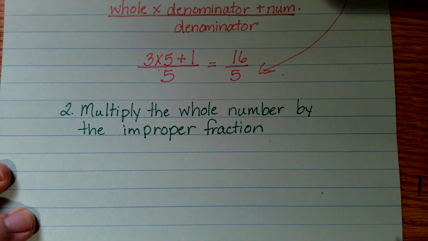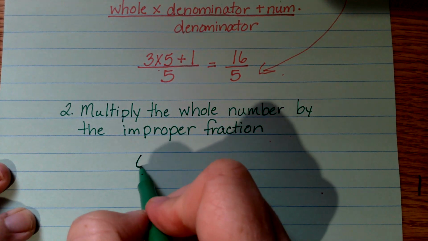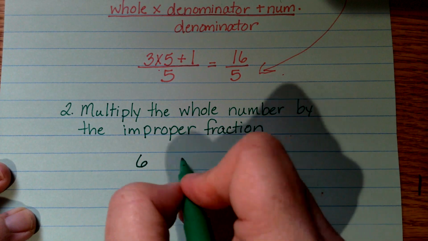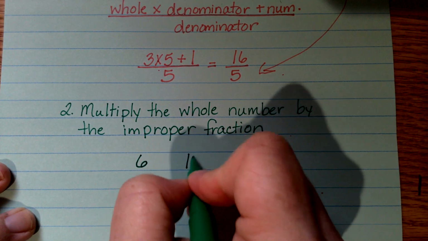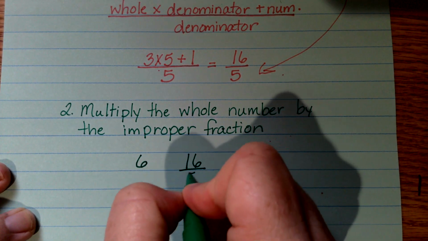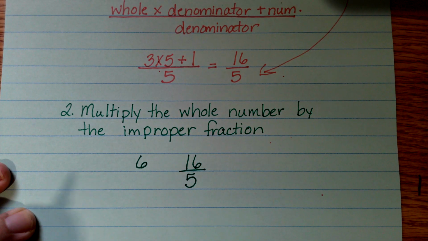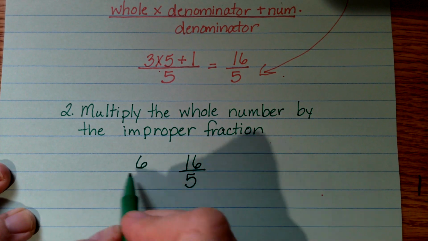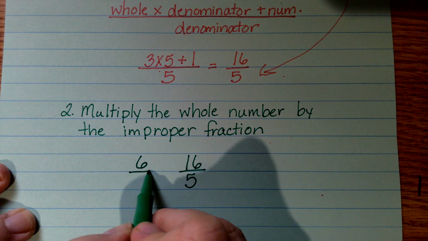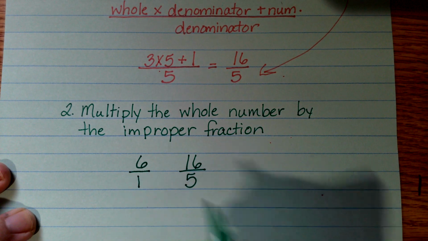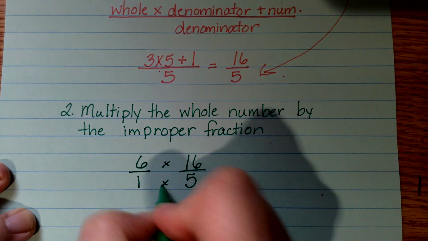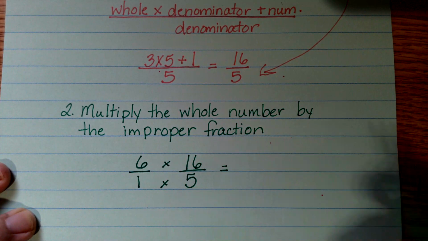Okay, our whole number was 6, and our improper fraction is 16/5. The reason that I'm leaving it like this is because remember, to change our whole number into a fraction, we just place it over 1, and we're going to multiply the numerators and multiply the denominators.